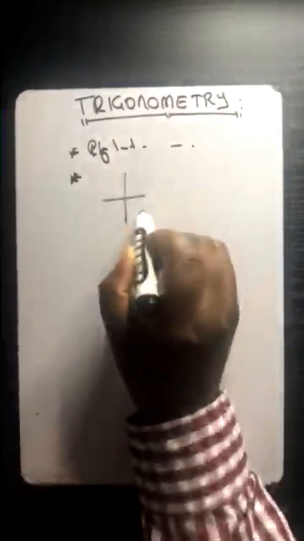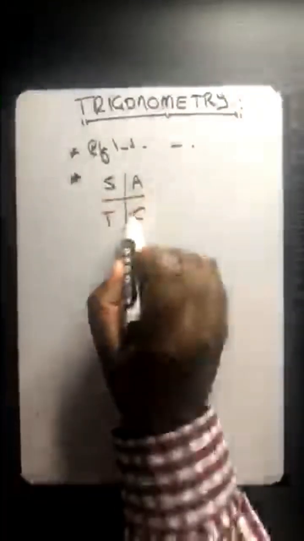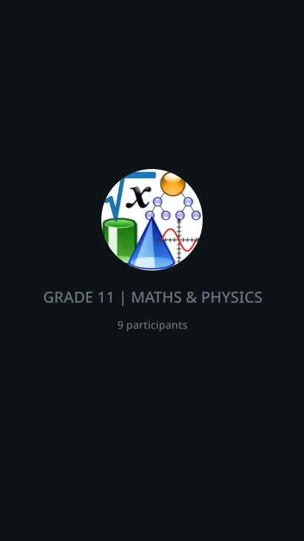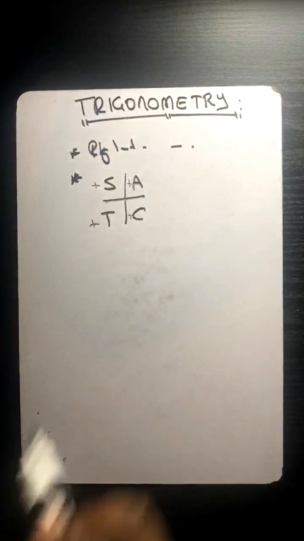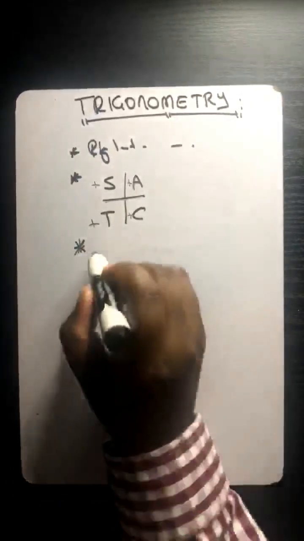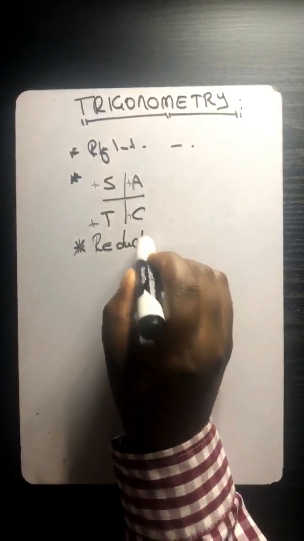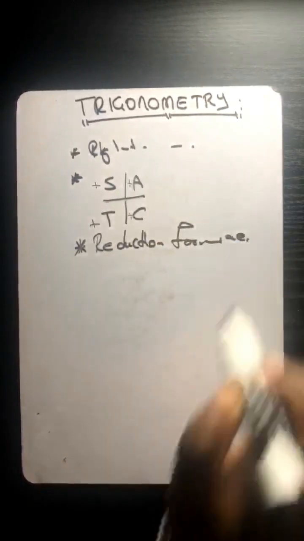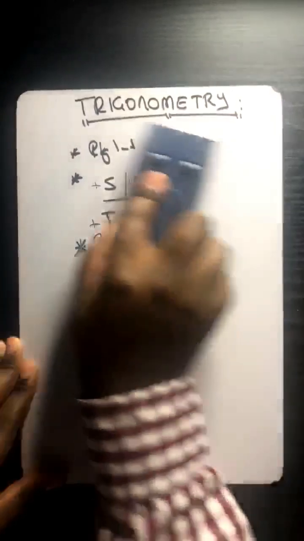Remember the CAST diagram: we said we have C there, A there, S there, T there, meaning in this quadrant cos is positive, all positive, sine positive, tan positive. To continue from where we left off yesterday, we are going to start off by discussing what are called reduction formulae. This is where we are now going to start with our lesson for today.